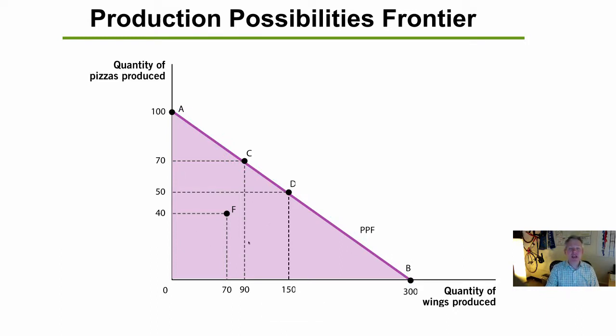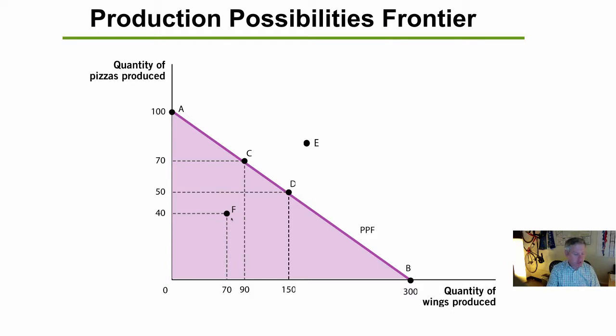So everything in here can possibly be produced. So it's the production possibility, and this is the frontier. Everything inside of the frontier is possible to be produced. And then anything outside, such as this point E here, is not possible. It is outside of the possibilities frontier.